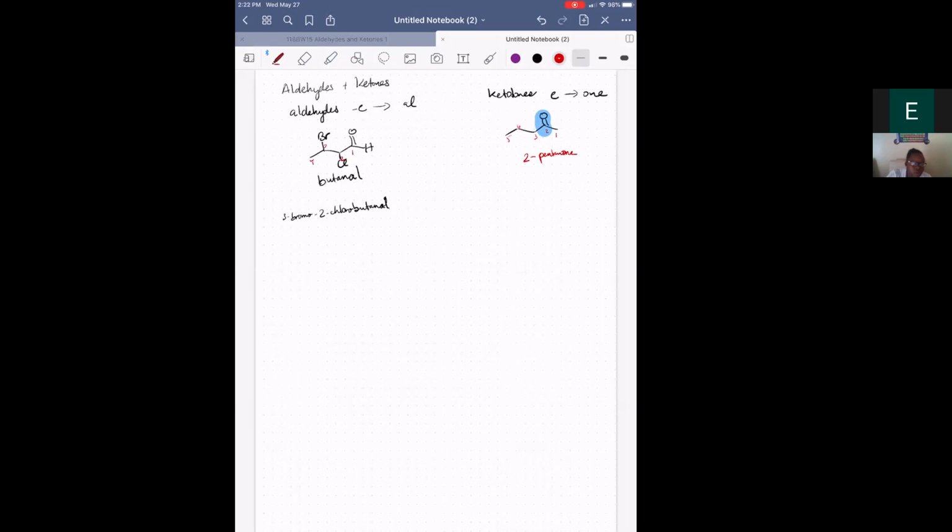Other things to notice with our naming is if we have an aldehyde or ketone in a ring, aldehydes in rings, we'll call those carbaldehydes. So an aldehyde on a ring is a carbaldehyde.